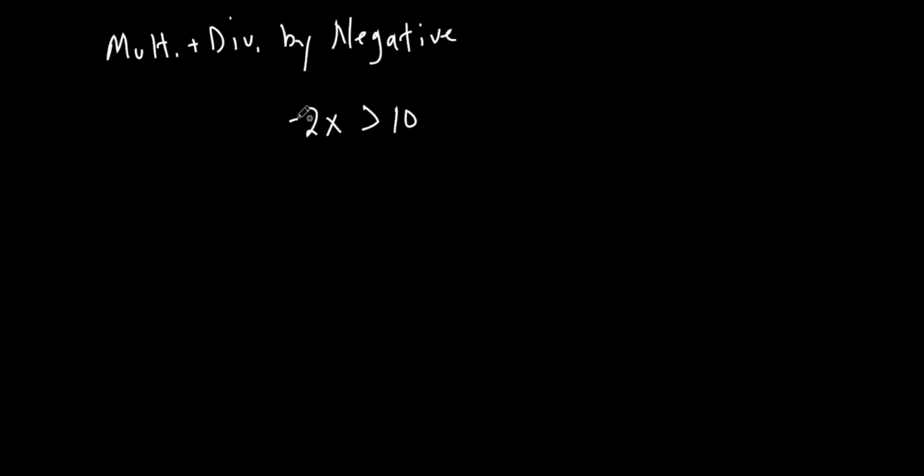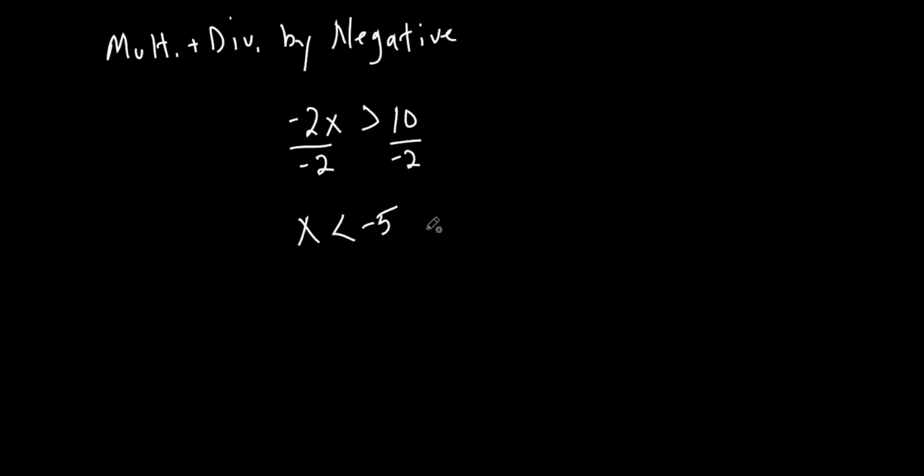How would you get rid of this negative 2? Divide by what? Negative 2. Now, look what we just did. We divided by a negative. So what do you think you're going to do to this sign? You're going to change it. That's right. Make it go the other way. So this was greater than. We're going to say x is what? Less than. And then you just do the work, negative 5.